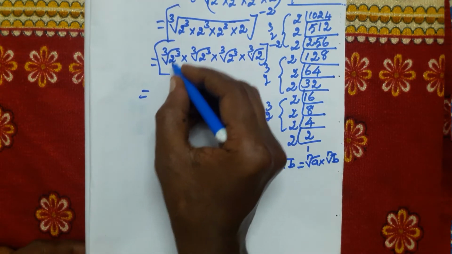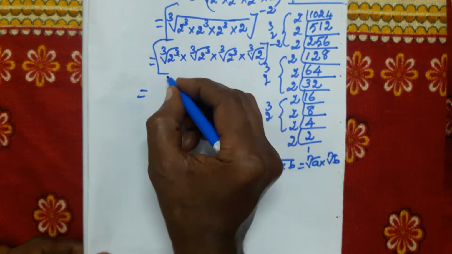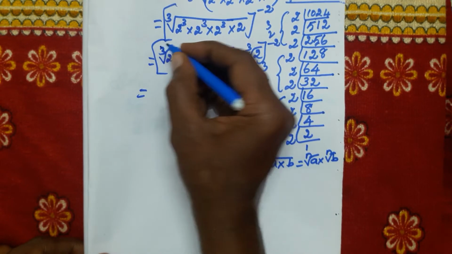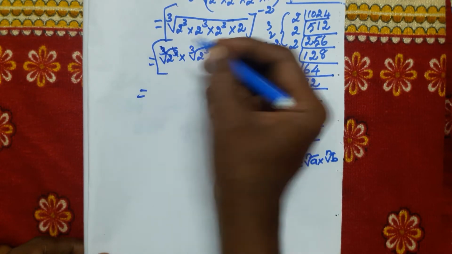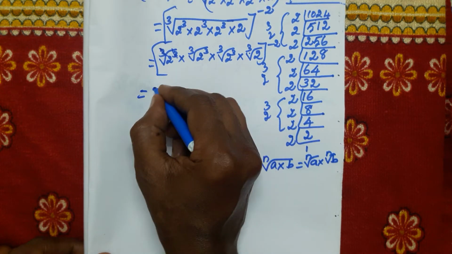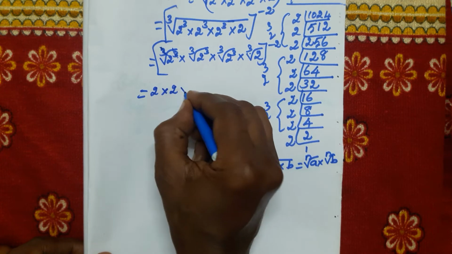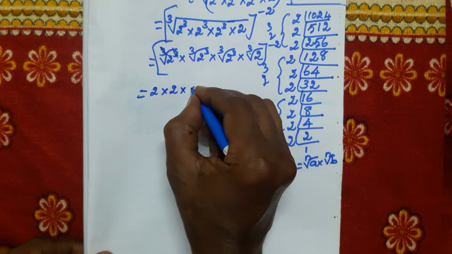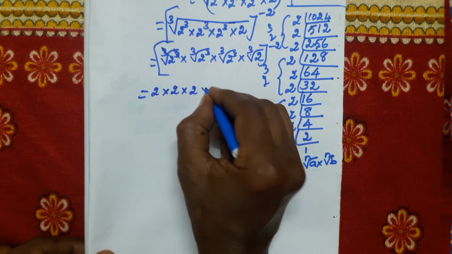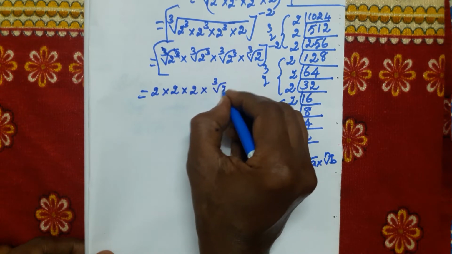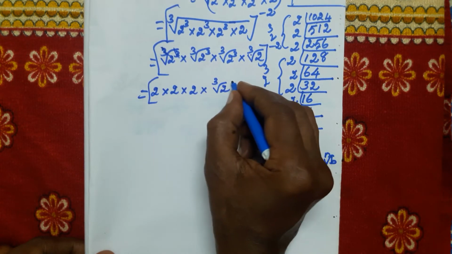Now cube root of 2 cube: the radicand, order and power are the same, so we get 2. Here also order and power are the same, 2. Next, 2 into cube root of 2 the whole power minus 2.